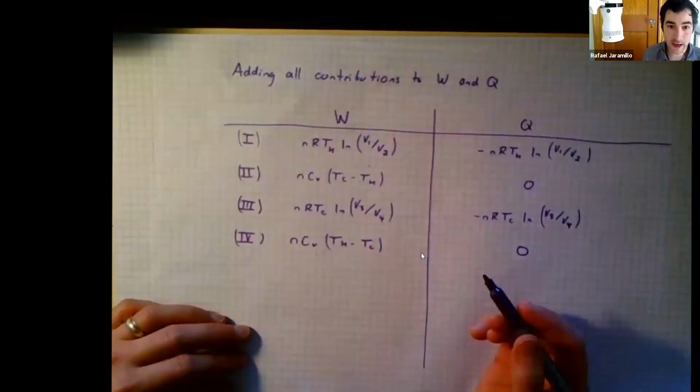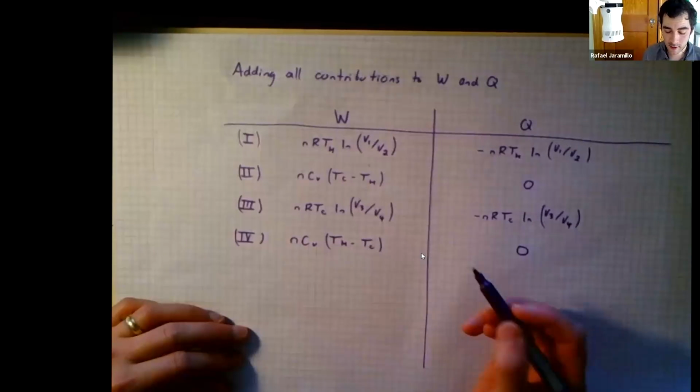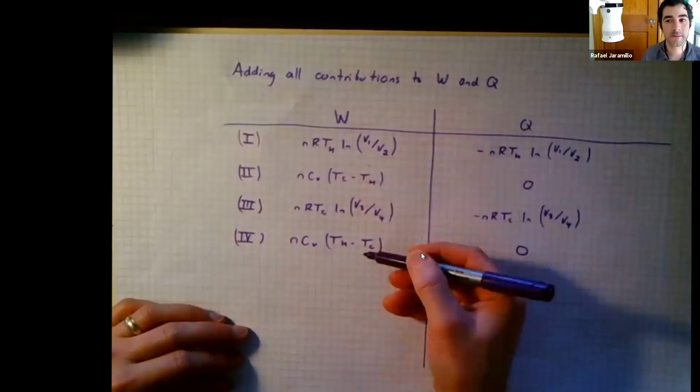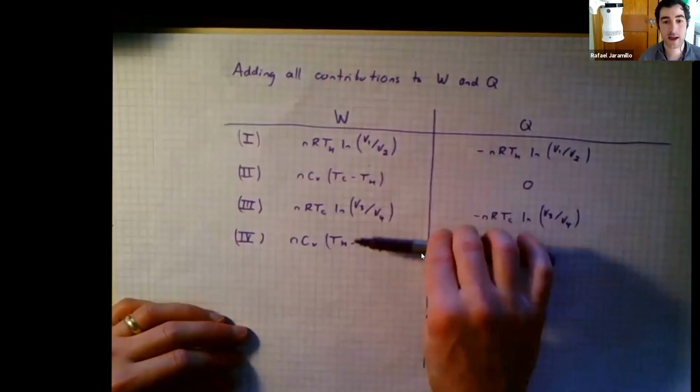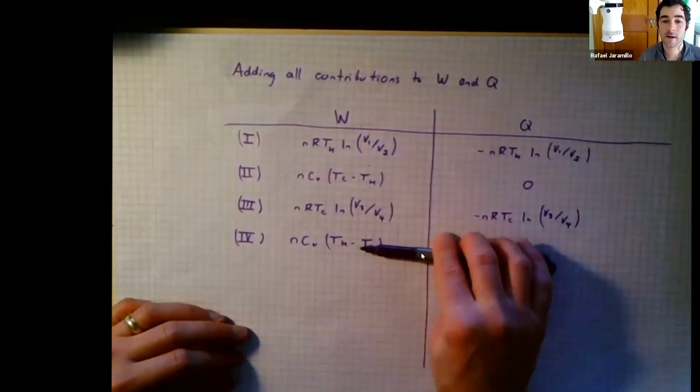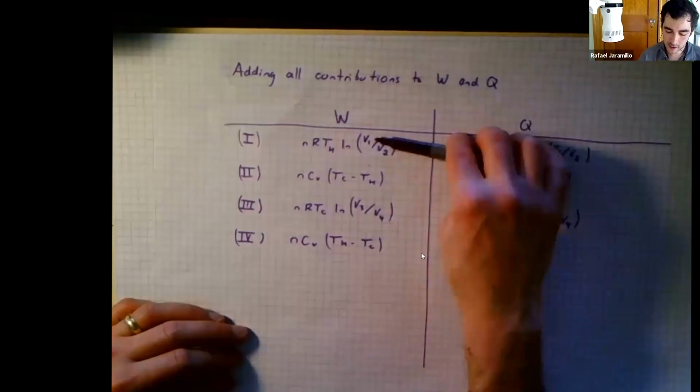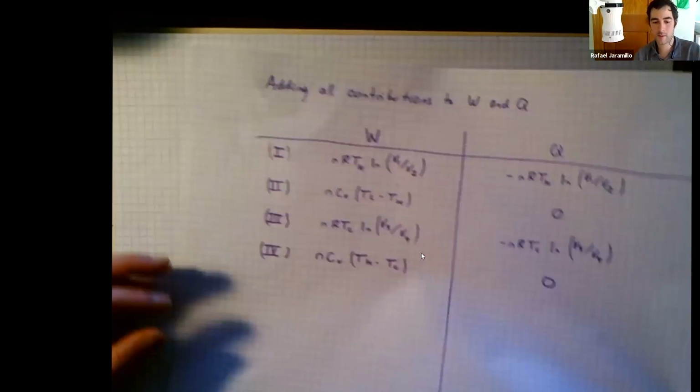the negative of all of these added up. And you see that step 2 and step 4 are going to cancel exactly. So it's the difference between step 1 and step 3. So here we go.